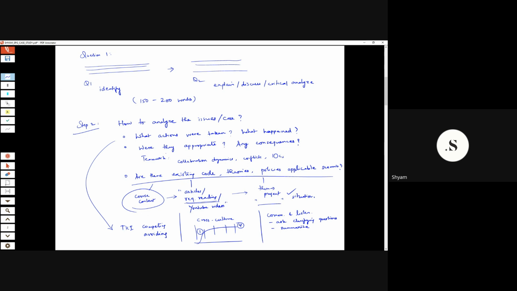So how do you know if the given scenario is appropriate? Here comes your judgment, which is supported by the course content itself, or theories, or frameworks.